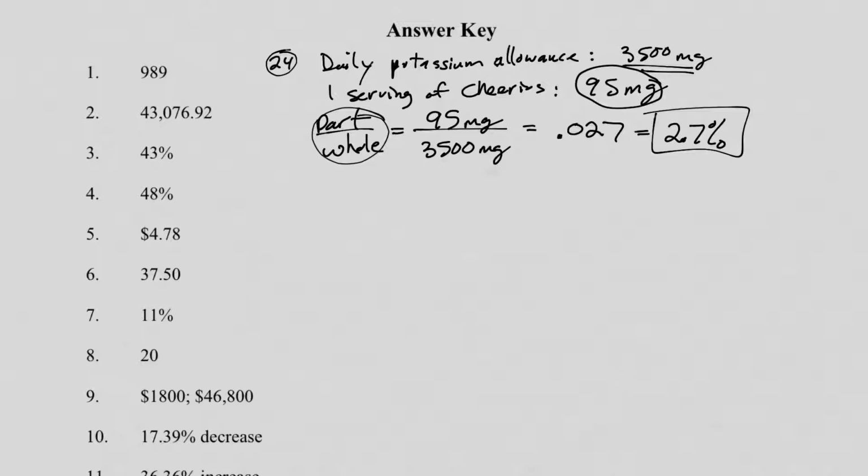Okay, I would like to also look at number 25. Number 25 is about reduced fat milk. One serving of whole milk contains 8 grams of fat.